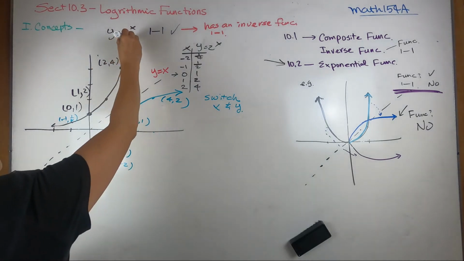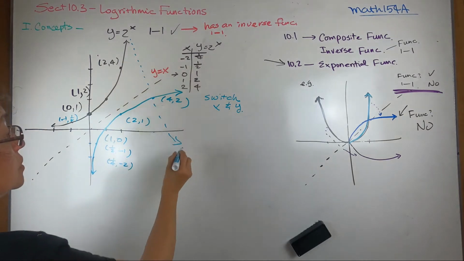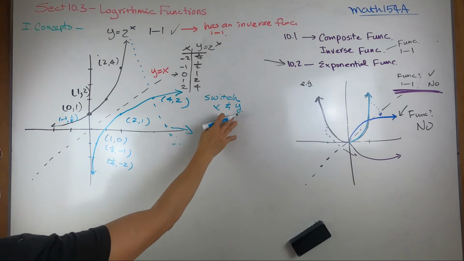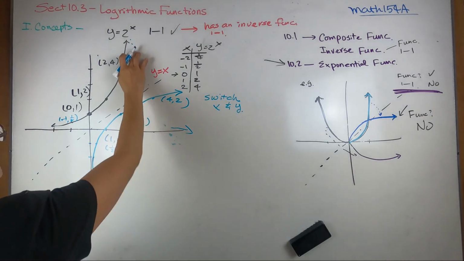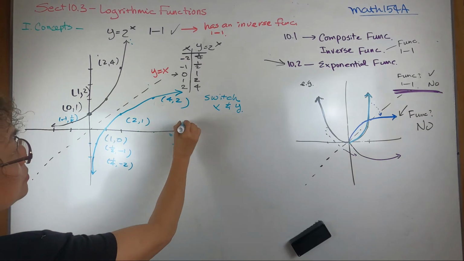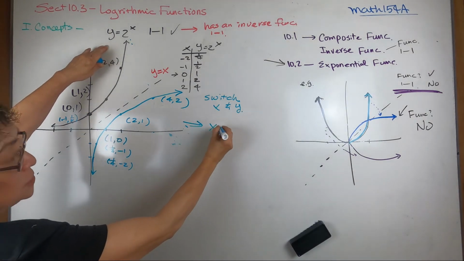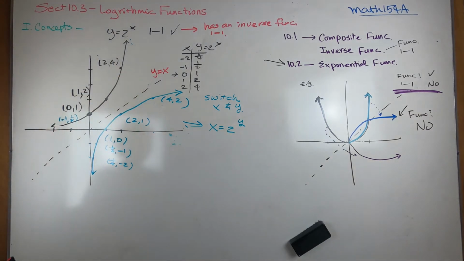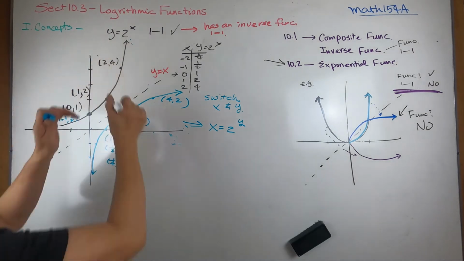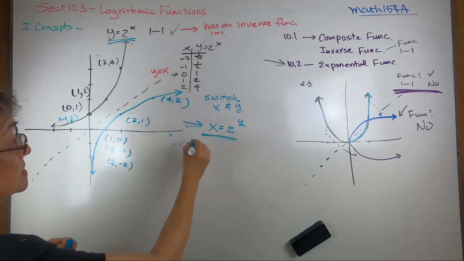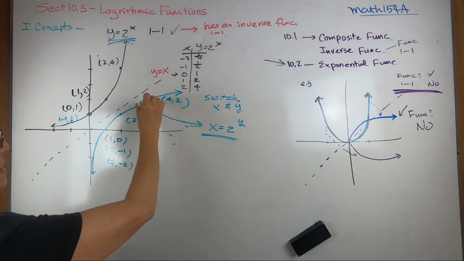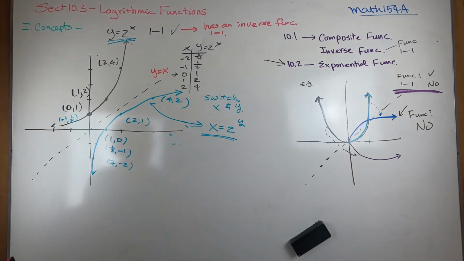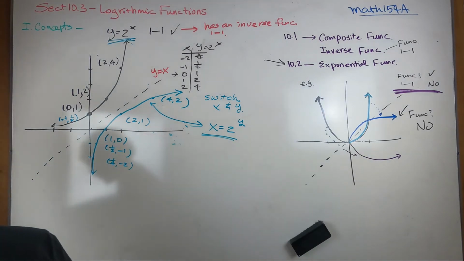Then when we switch x and y, what do we have? We have x equals 2 to the y power. If we switch x and y from this one, it becomes this. So that means this blue curve, the inverse of an exponential function, becomes this one, right?